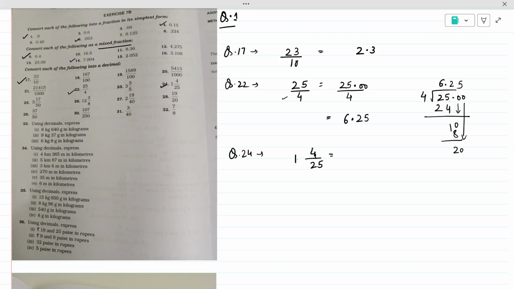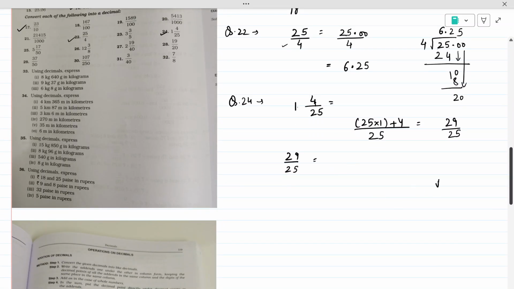Add it to the quotient. So 25 into 1 is 25. I'm writing here, and then add 4 and keep the denominator as is. So this will become 25 into 1, 25 plus 4 is 29, divided by 25. This is the fraction which we have to solve. Okay, and let's try to write it down.